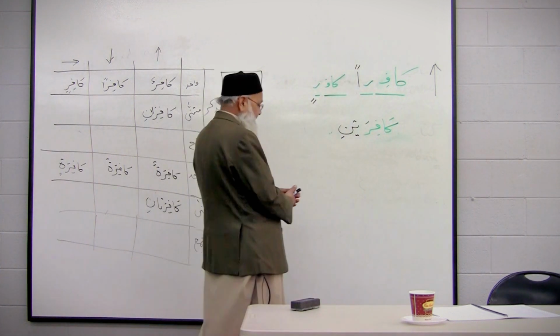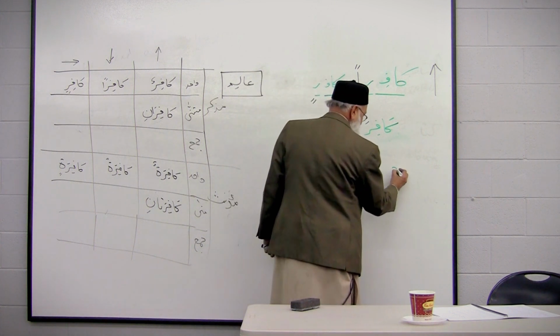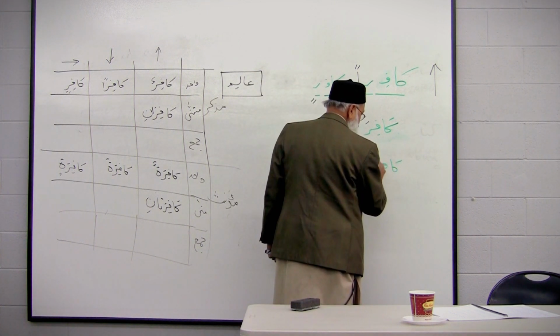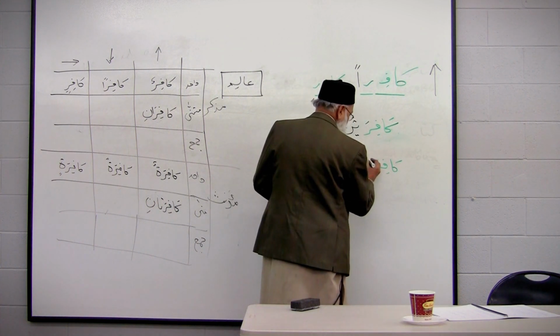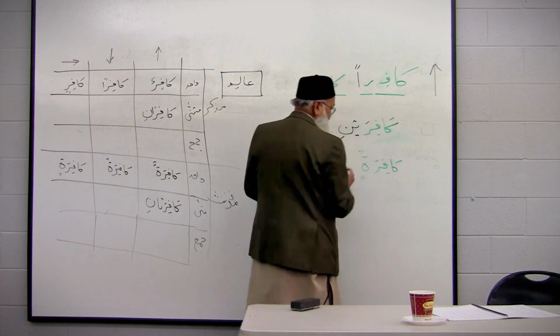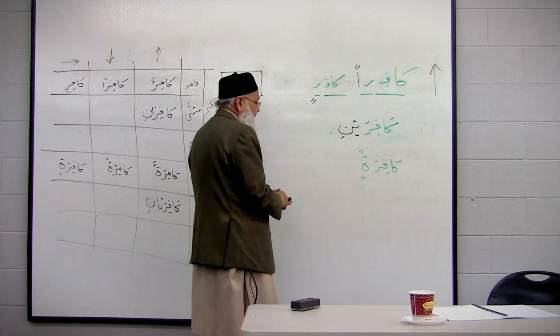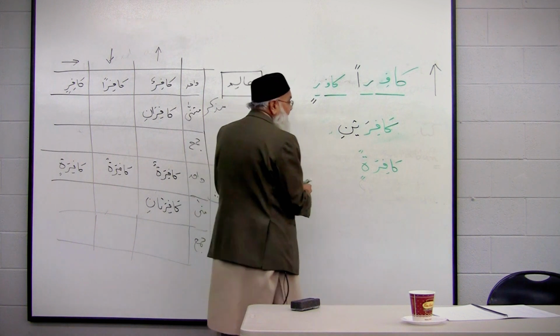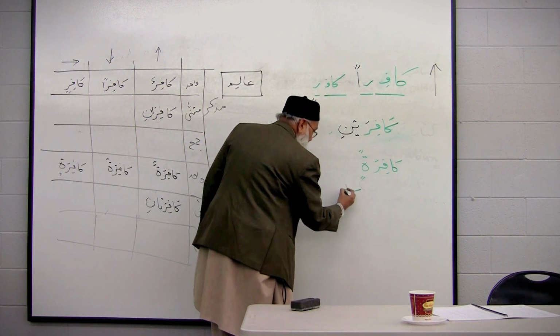And we can have the example of the feminine too. Formula is the same. This is the feminine. Kafiratan and kafiratin. Right? So our formula is, this is the last letter. So kafira.